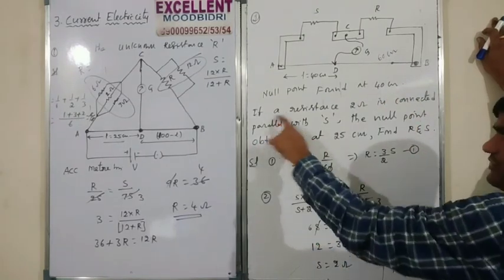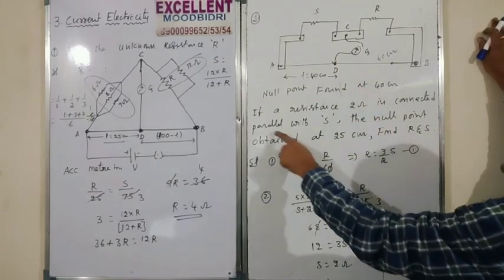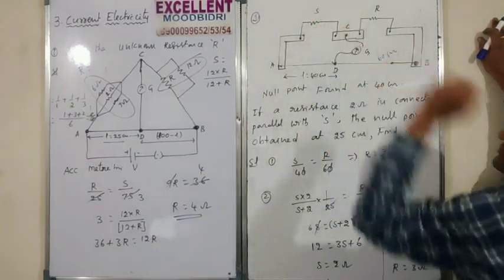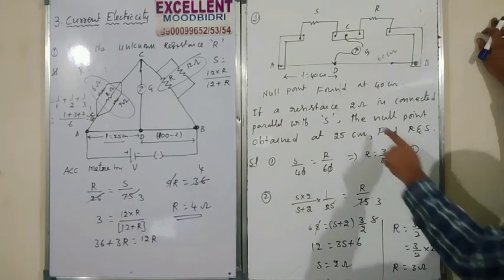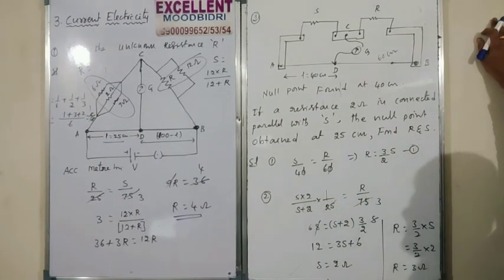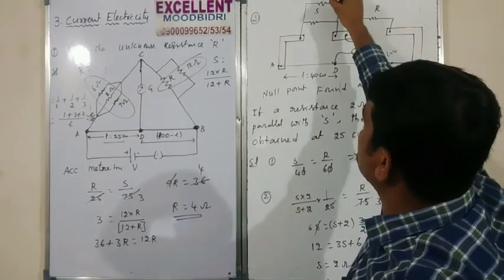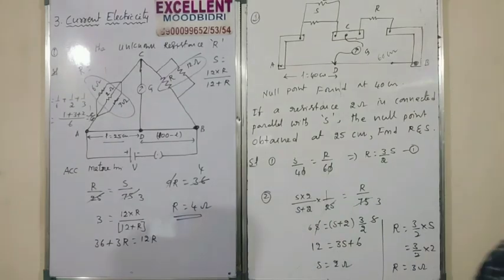Now if a resistance of 2 ohm is connected in parallel with S, the null point is obtained at 25 centimeters.